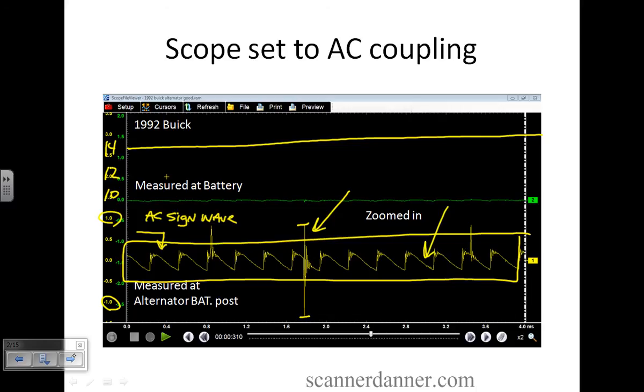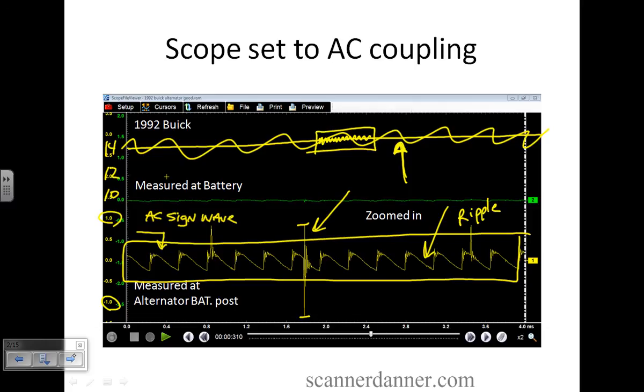What I'm doing with my scope is I'm pulling it out of here. Believe it or not, this, what we call ripple, is acceptable, and it is where? It's up here. It's just not able to be seen on the scale that maybe you would pick. So what I've done with my scope is when you set a scope to AC, what's called AC coupling, we block all of the DC constant and we just look at the AC ripple.